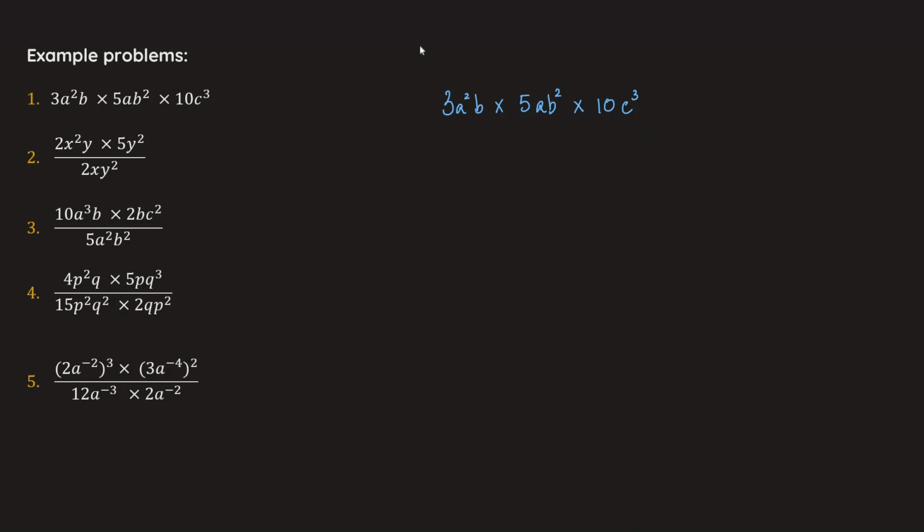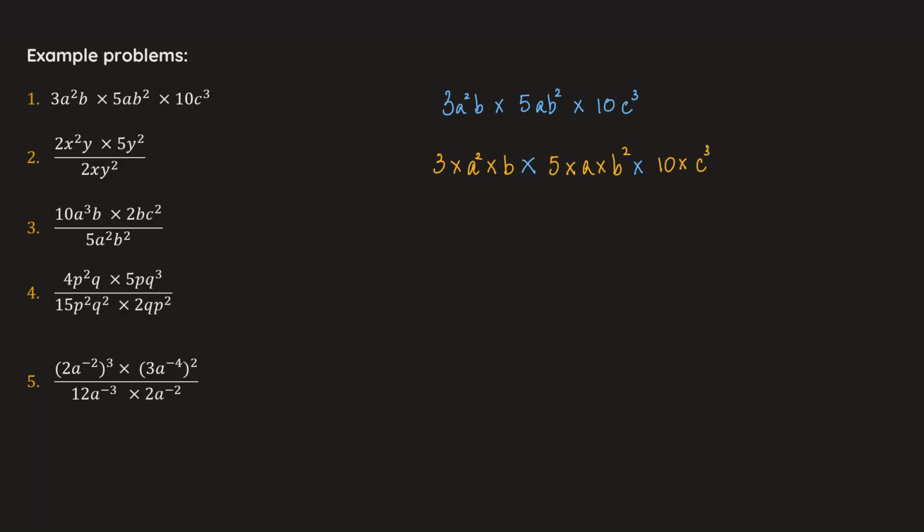So 3a squared b is basically 3 times a squared times b, and then times 5ab squared is simply 5 times a times b squared, times 10c cubed is basically 10 times c cubed.